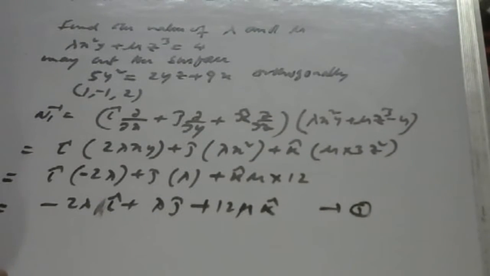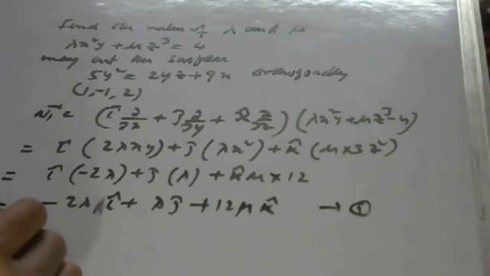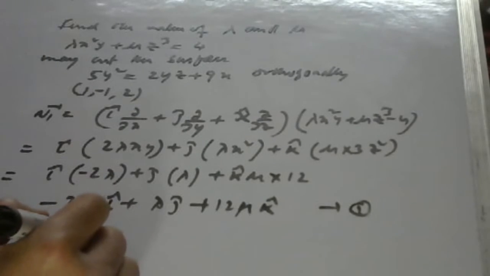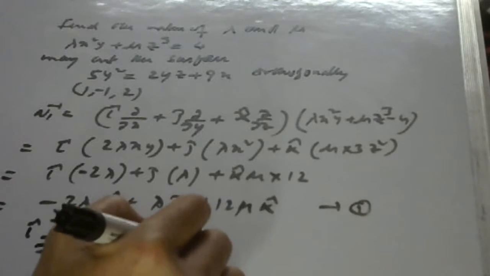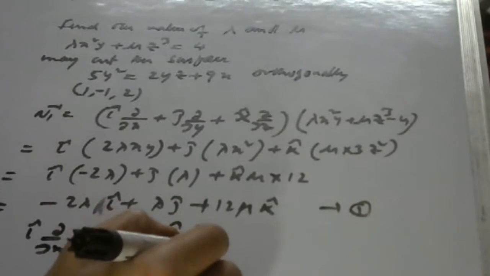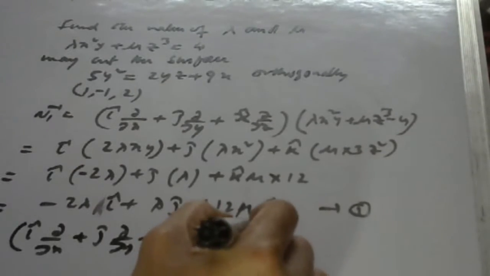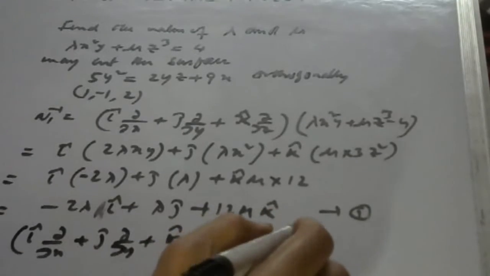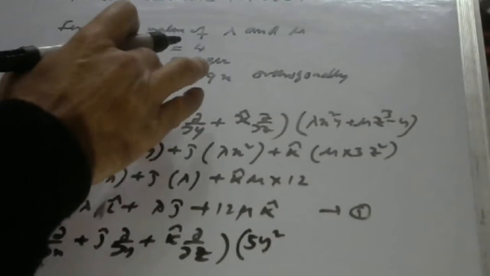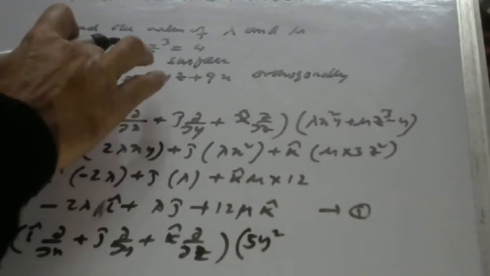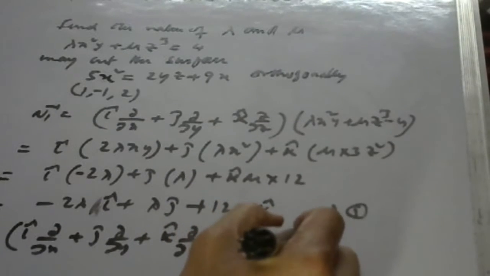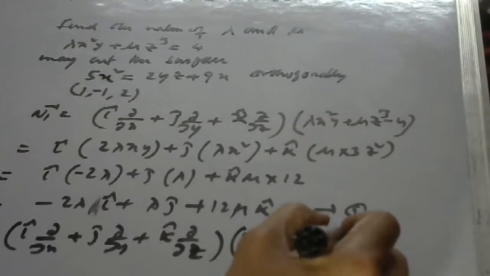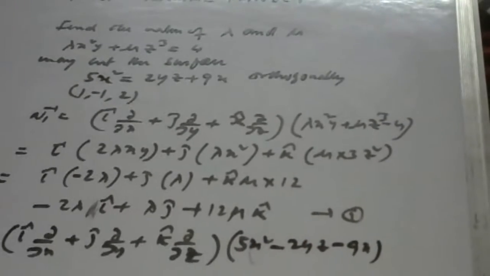Next we calculate n2 for the surface. Del is i cap del upon del x plus j cap del upon del y plus k cap del upon del z. The surface is 5x square minus 2yz minus 9x.